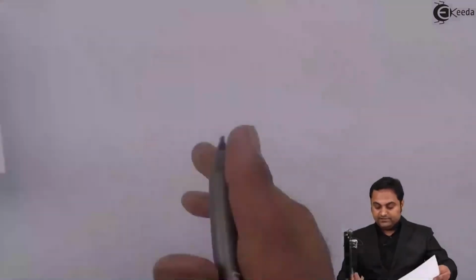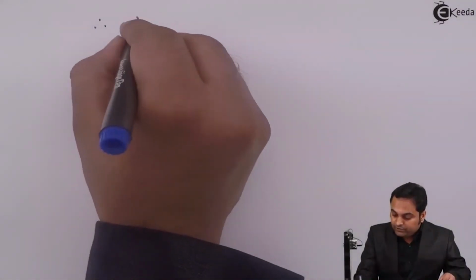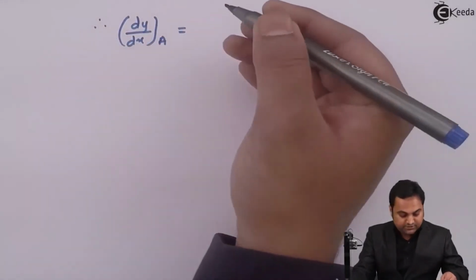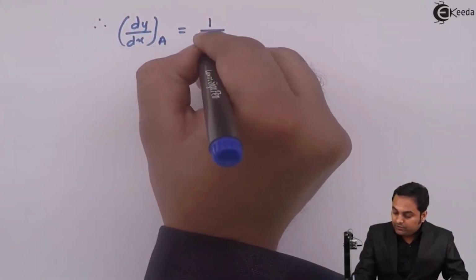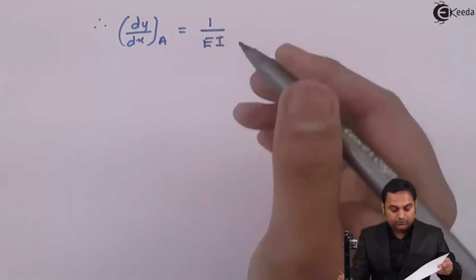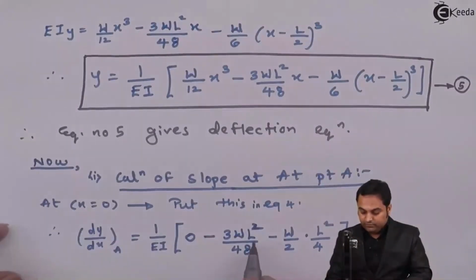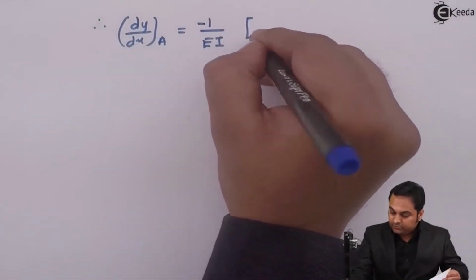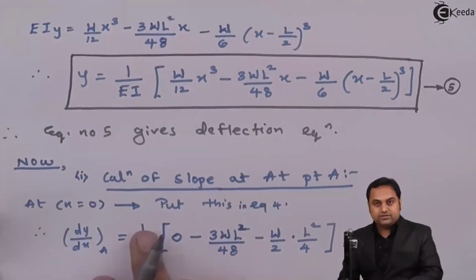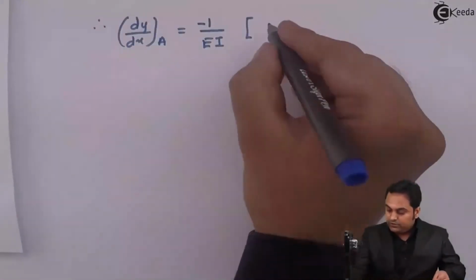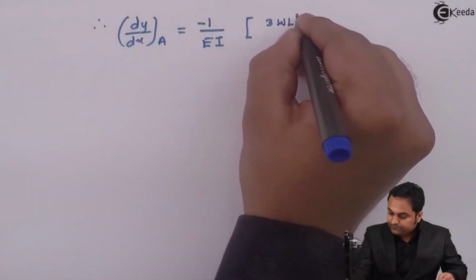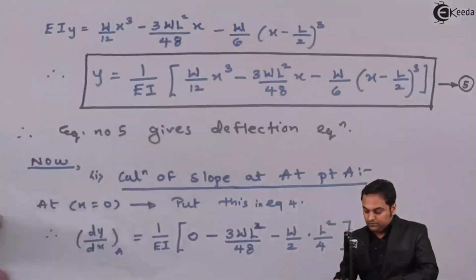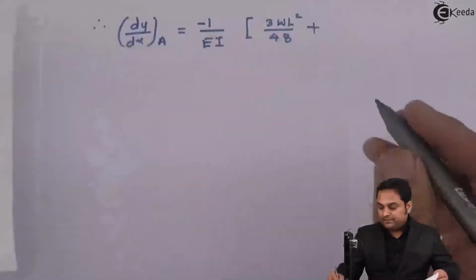So I'll simplify this. Therefore dy by dx at point A is equal to 1 upon EI. Now here we have negative on both the sides. I will take it as common. So minus into the bracket, here this term is 0, so it will go. Here we have 3WL square by 48 plus WL square by 8.